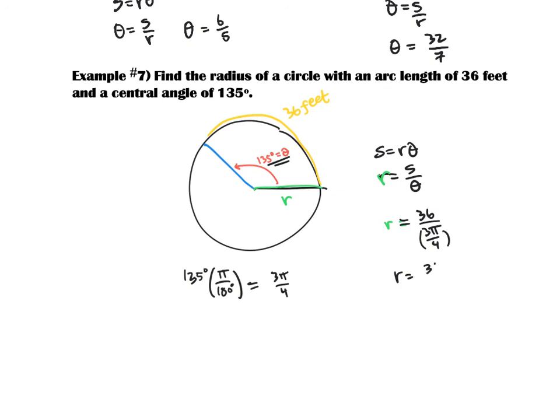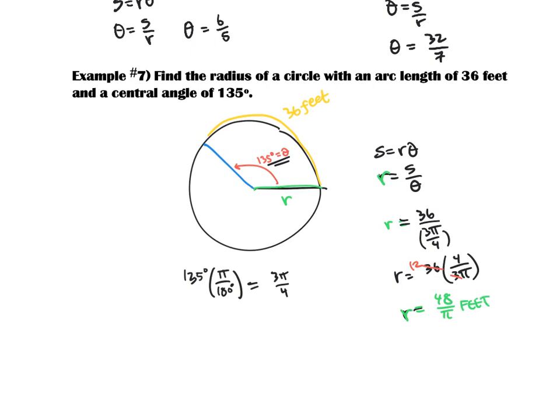So let's take 36 times 4 over 3 pi, and let's reduce. So if I reduce this, I get a 12. So that looks like it's 48 over pi inches. Nope, feet, sorry. I shouldn't do that in red. Let's do it again in green. R equals 48 over pi feet.